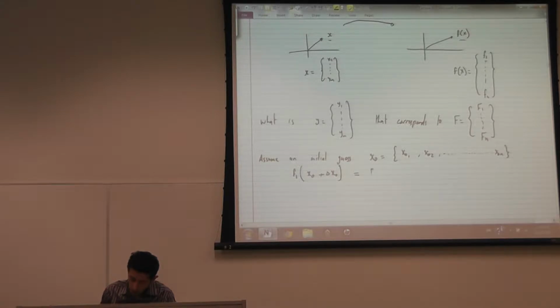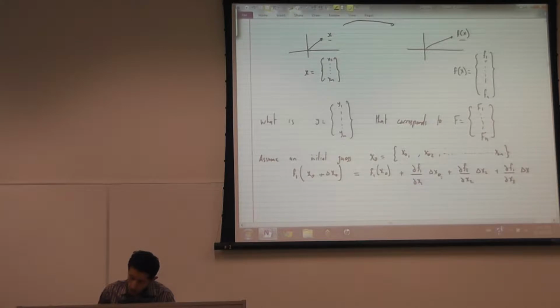This is equal to f1 of x naught plus partial f1 by partial x1 delta x1 plus partial f1 by partial x2 delta x2 plus partial f1 by partial x3 delta x3.